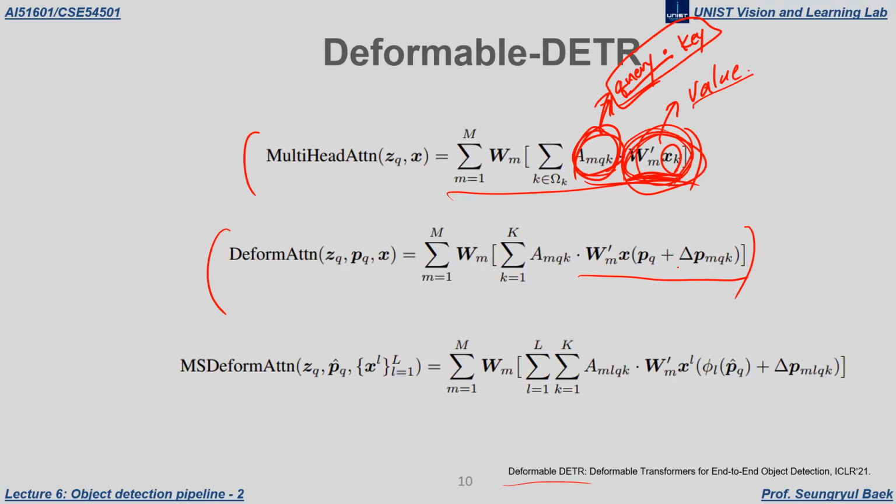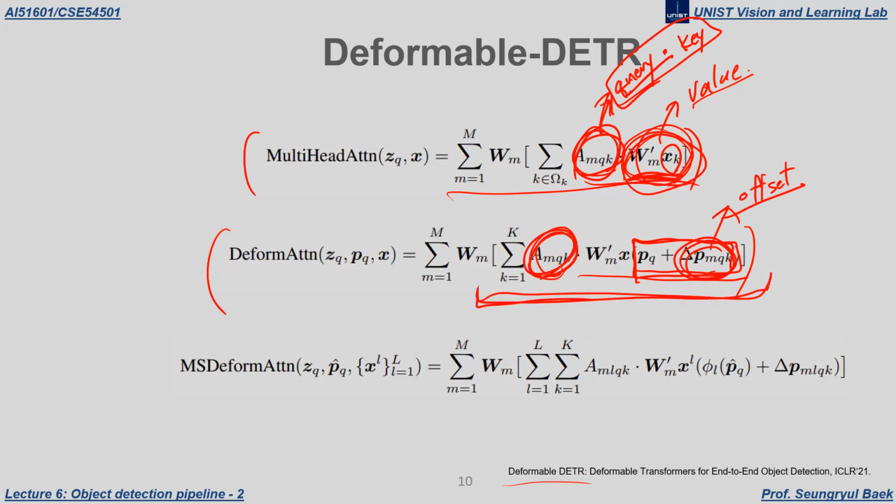But here in deformable attention, we find value by finding the offsets, by estimating the offsets via the linear layer, and also this is also estimated via the linear layer, right? But except for these two facts, where the attention is inferred from the query itself and the values are obtained by this manner, the other mechanisms are same as before, okay?